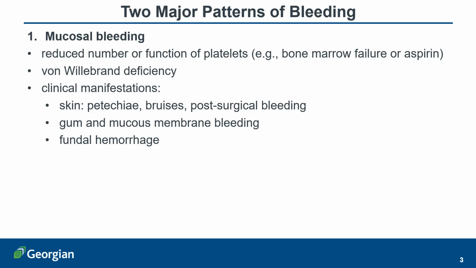The clinical manifestations in the skin, for example, will be petechiae, which are pinpoint bleeds, bruises, and increased post-surgical bleeding. Remember that the platelets are required to form the platelet plugs, and when you have a deficient number of platelets, bleeding is going to occur, especially in the mucosa, which will be in the skin, in the gum and mucous membranes, as well as in the fundus of the stomach and the uterus as well.